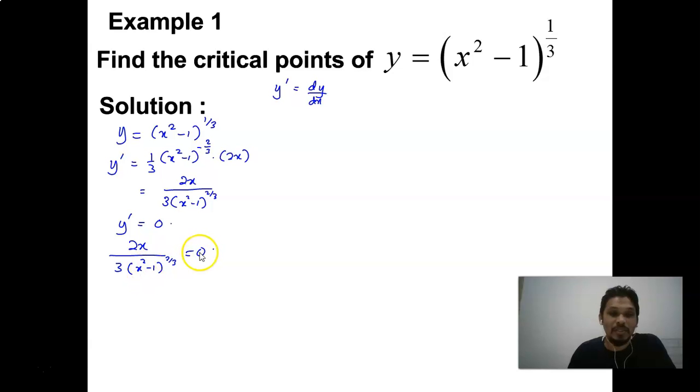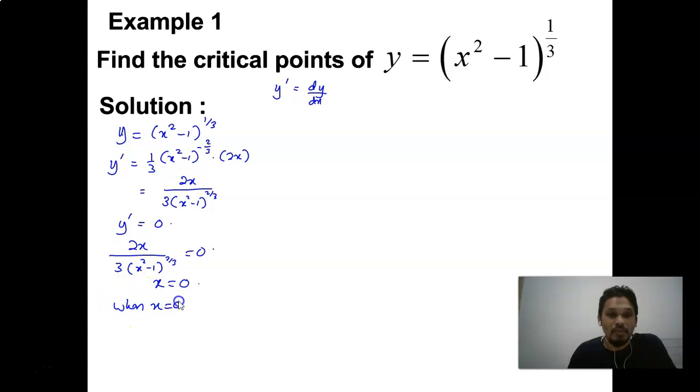Cross multiplied here, then simplify this, we found that x equals 0. So when x equals 0, we substitute into the function f(x) or y.